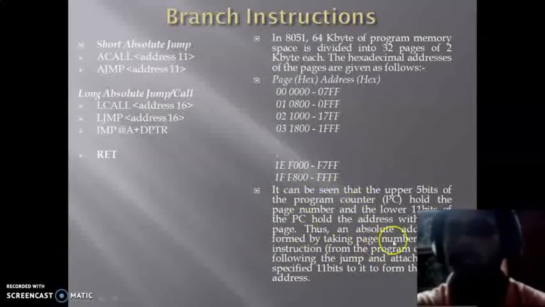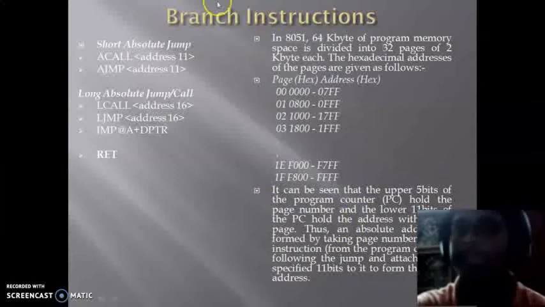Thus an absolute address is formed by taking the page number as well as the 11-bit address. That is the way we can use the ACALL and AJMP instructions. Basically the ACALL instruction is used to call a subroutine. A subroutine is a set of instructions written into a particular memory.